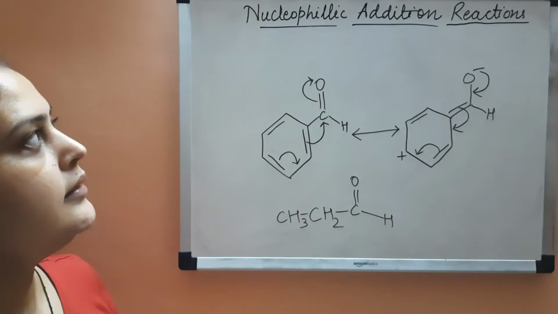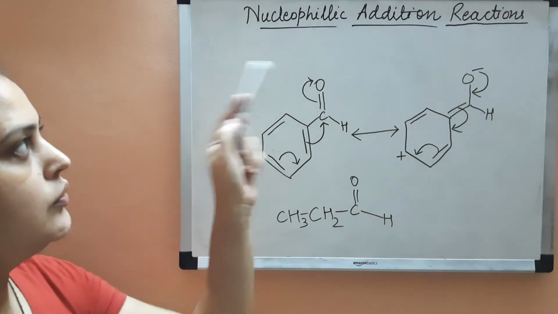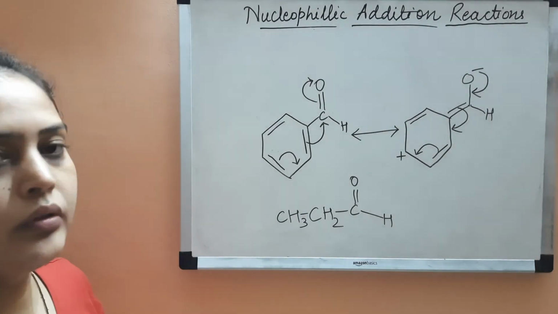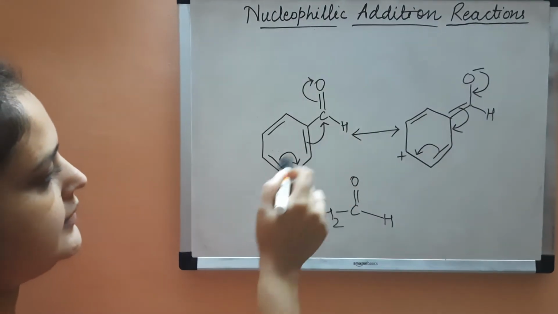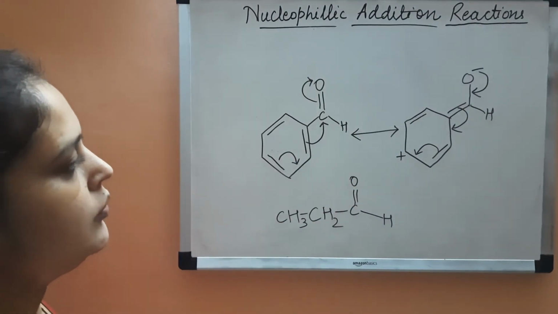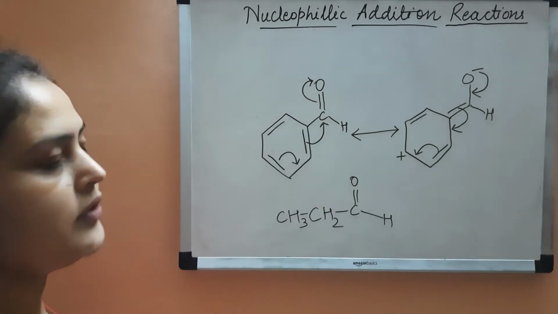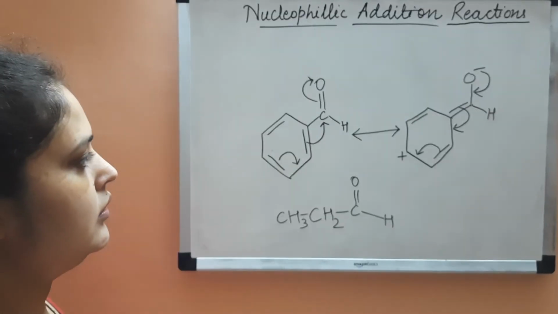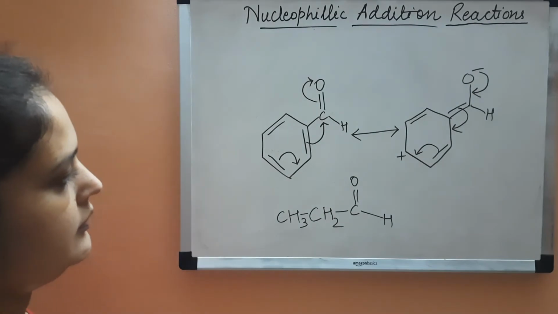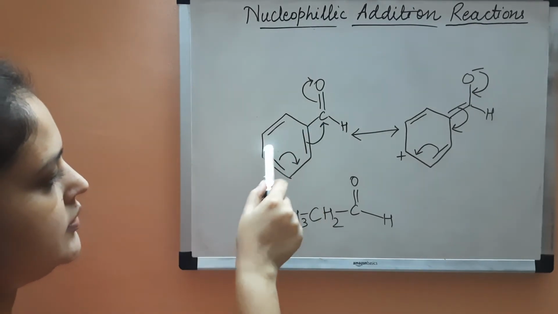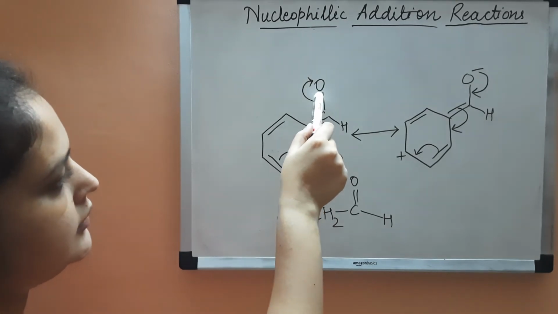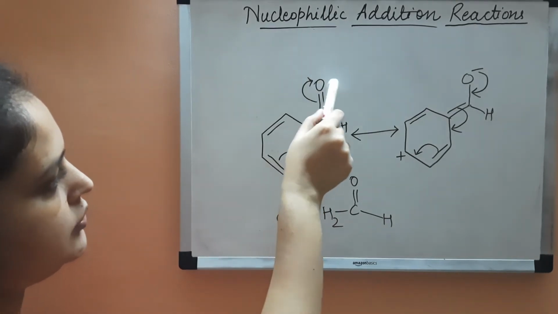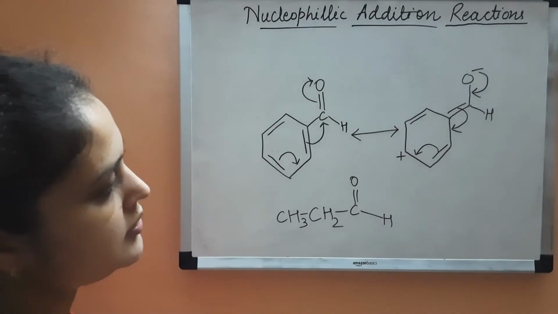We will compare which molecule will undergo nucleophilic addition reaction more easily. In benzaldehyde, the electrophilicity of the carbon atom will decrease because of the resonance effect. This bond shifts here, and this double bond shifts here, and this double bond shifts here to give the negative charge. So this structure will come.